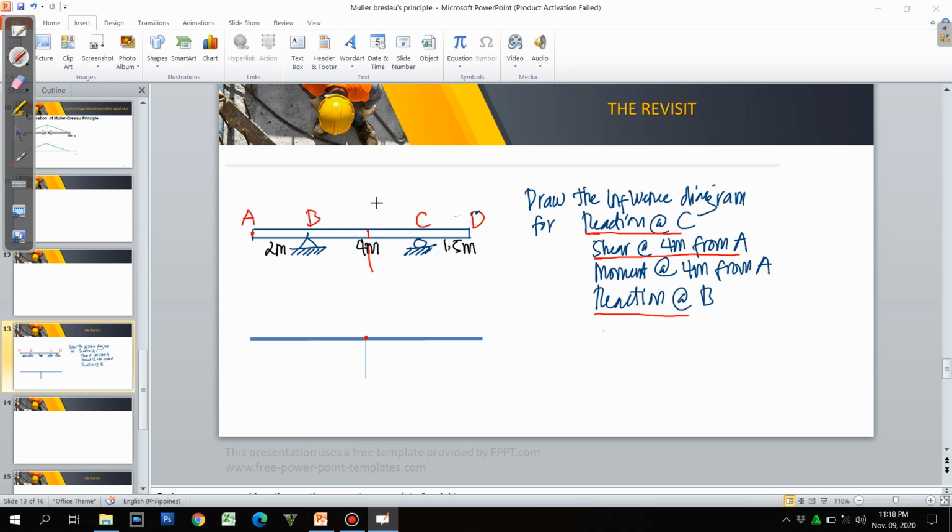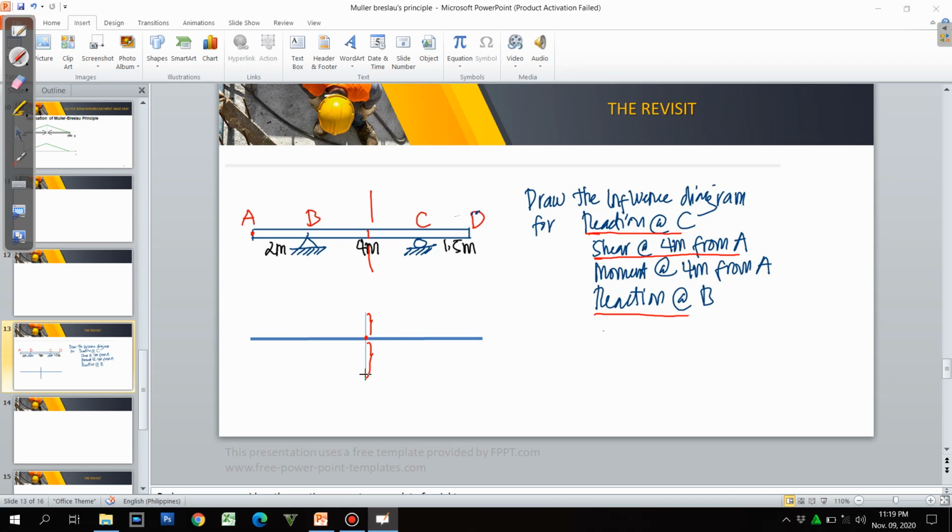We cut that portion. After cutting, the left portion will go down and the right portion will go up. As we can see, this delta here will not necessarily be equal to this delta here.